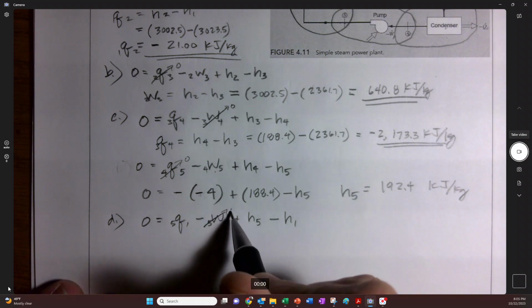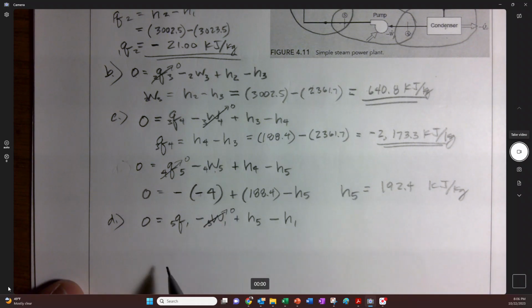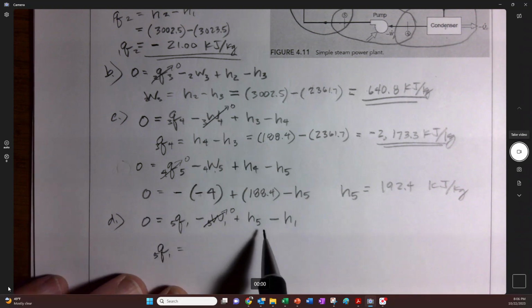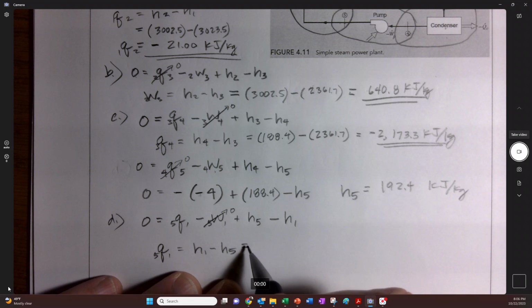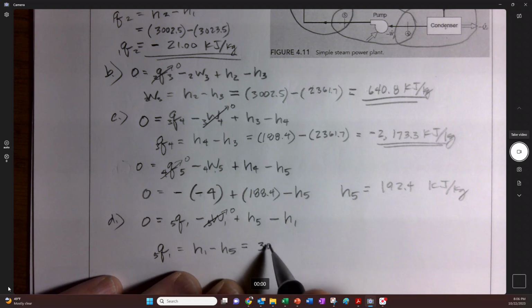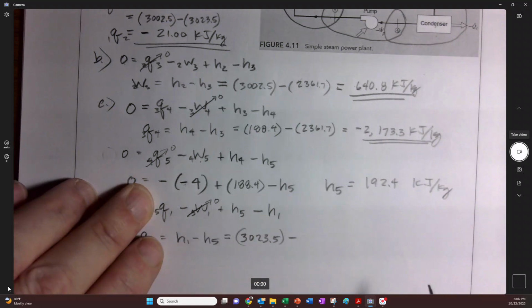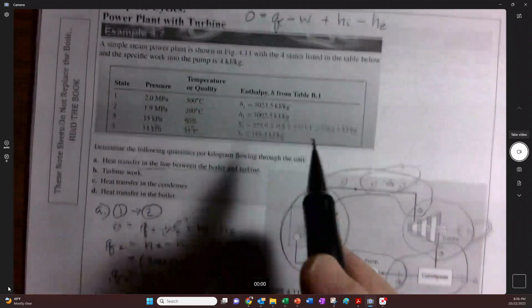So there's no work going on in the boiler. And so we could just write out this Q 5 to 1. Let's bring these to the other side. It's going to equal H1 minus H5, where the H1, as we were told in the beginning, was 3023.5, right here.